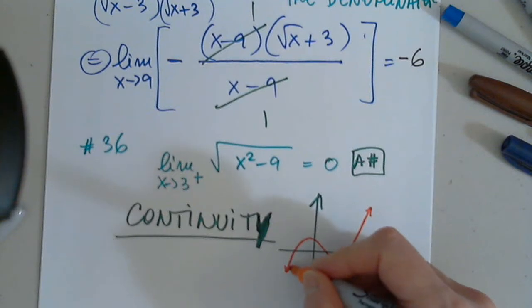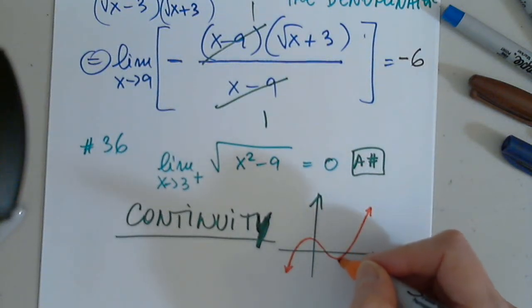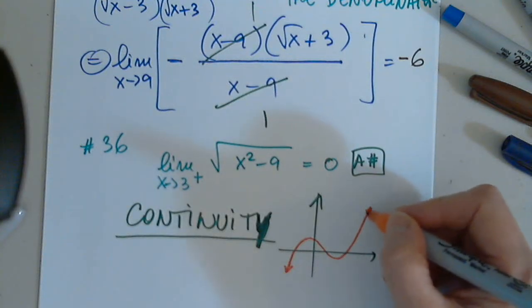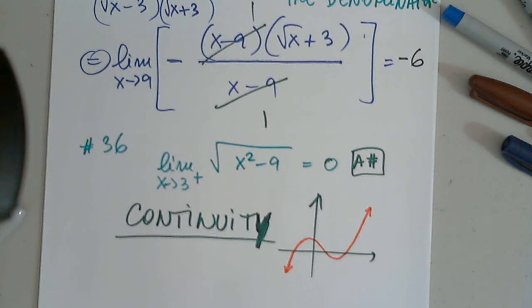I started here. I did not raise my marker off the paper at any point in time, just to put the arrows and say it continues forever. Is this a continuous function? Yes. Of course.